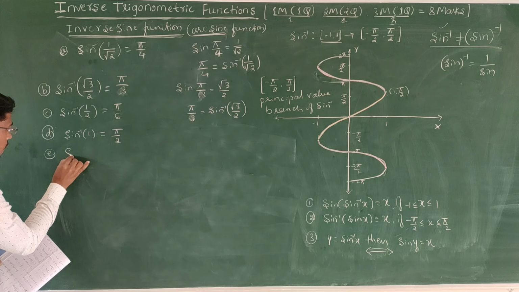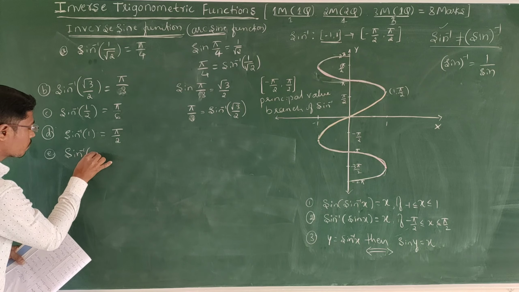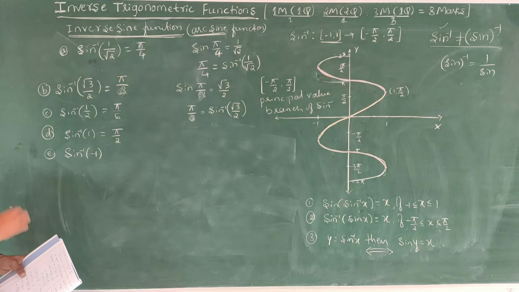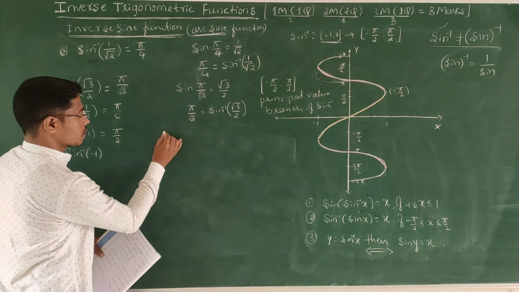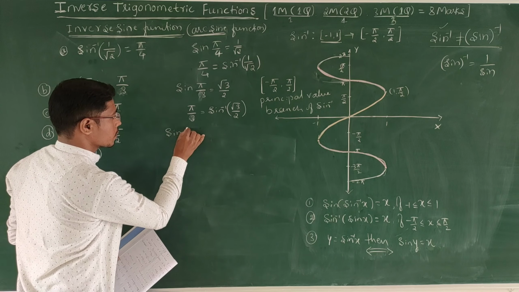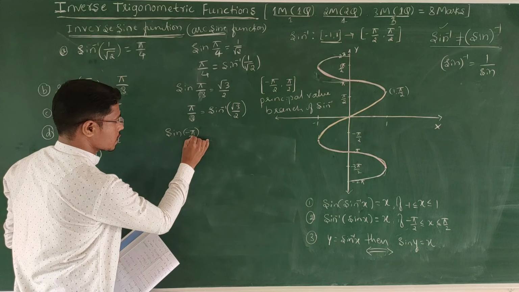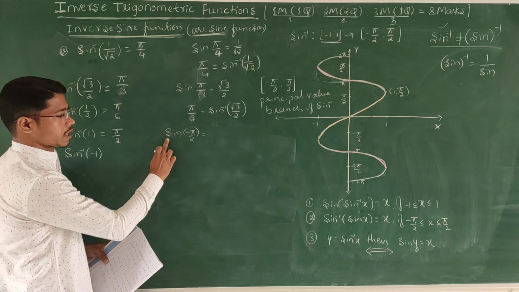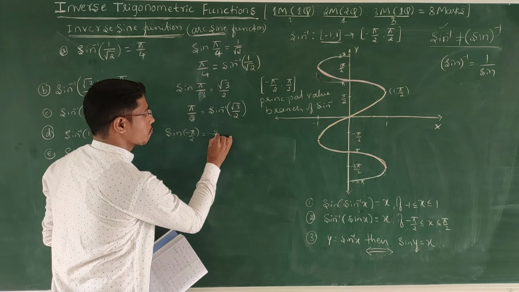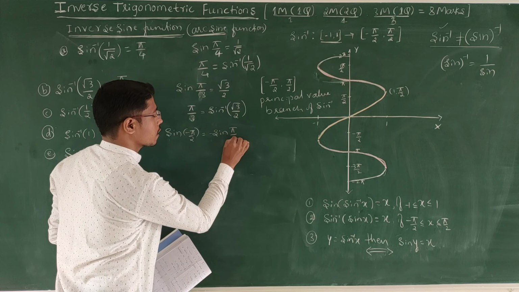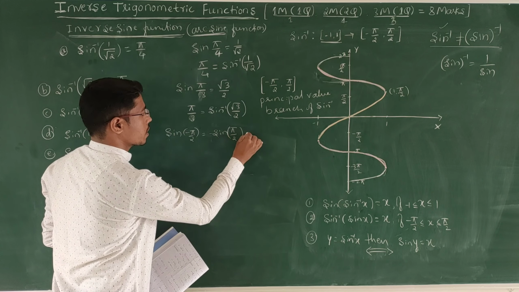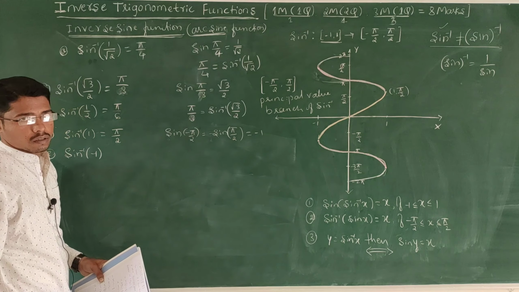Next, E, sine inverse of minus 1. So come now here, sine of minus pi by 2, we use sine of minus theta equal to minus sine theta. Okay, sine pi by 2 is 1, so sine of minus pi by 2 is minus 1.